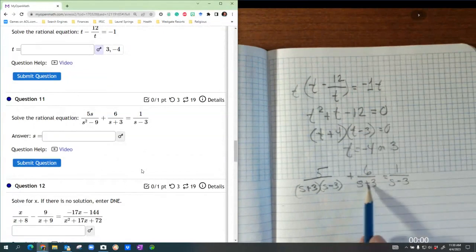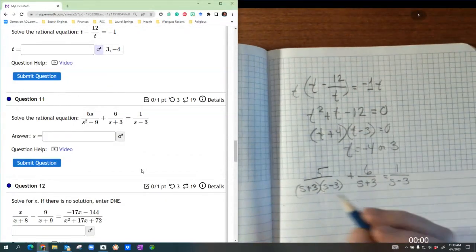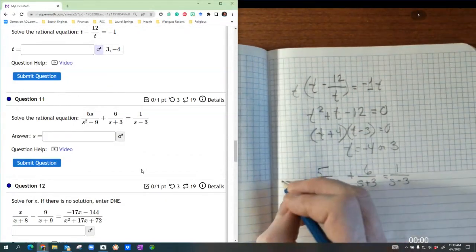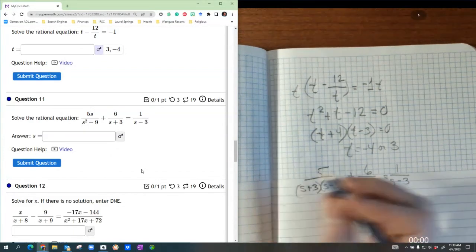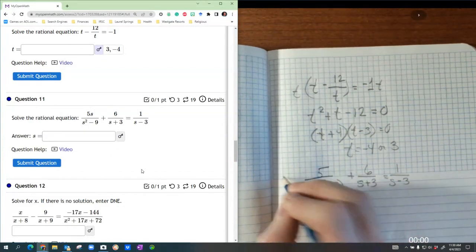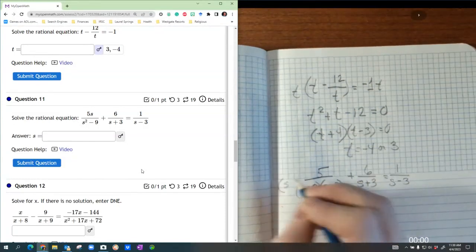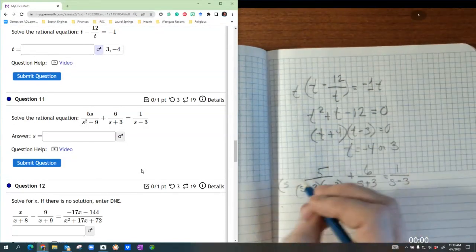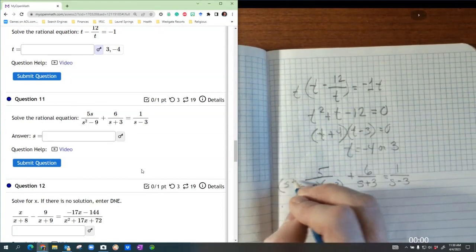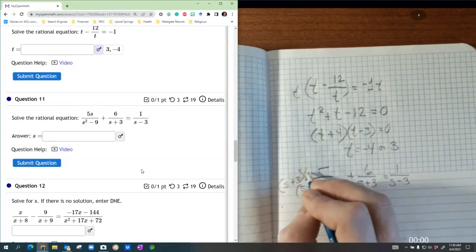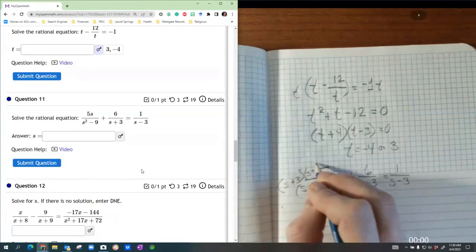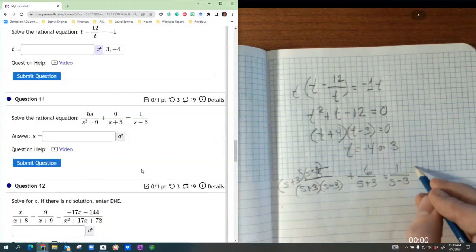These are the same. So I'm going to multiply both sides by the same thing. I was going to put it in its difference of two squares form, but that's not appropriate for this, so let's do it in factor form.